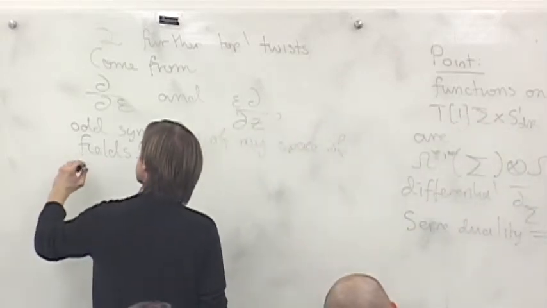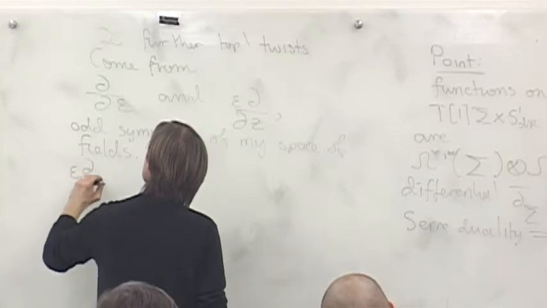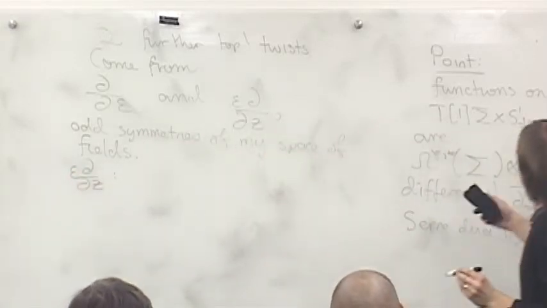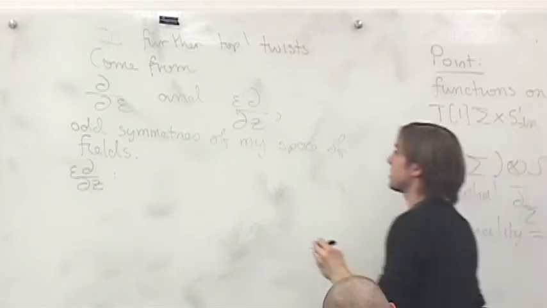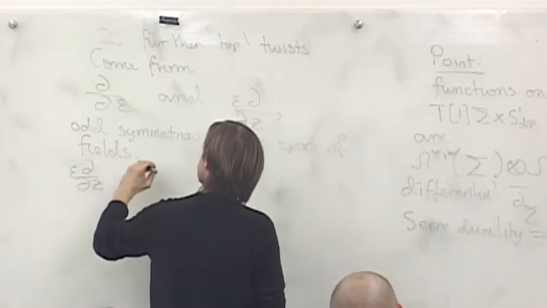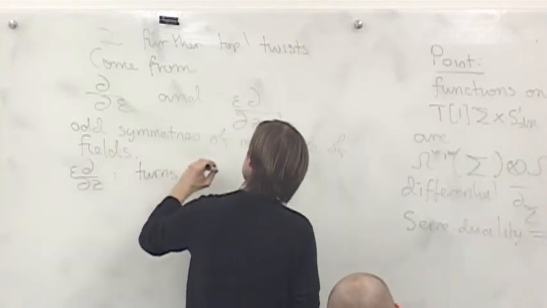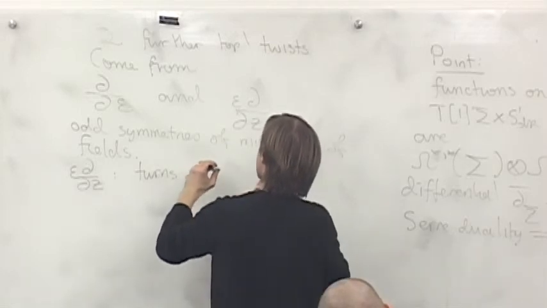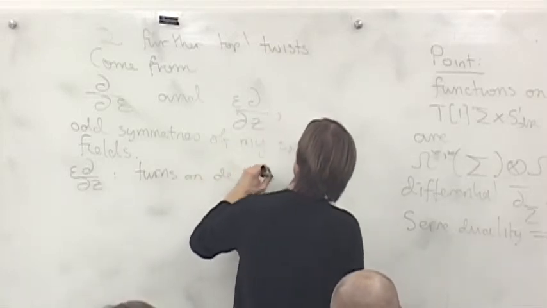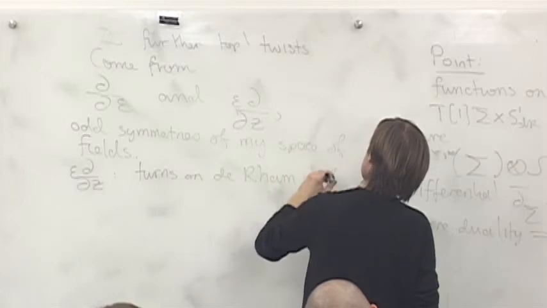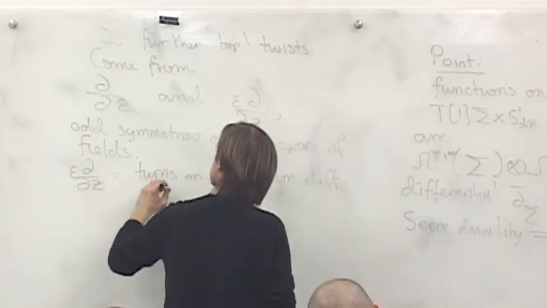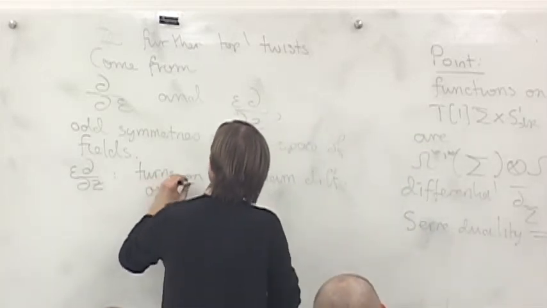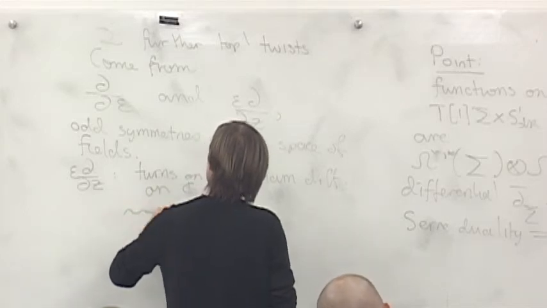So this epsilon d by dz twist, what does it do? It simply turns on the de Rham differential, sorry, on sigma, on C. So this gives us Rozansky-Witten theory.